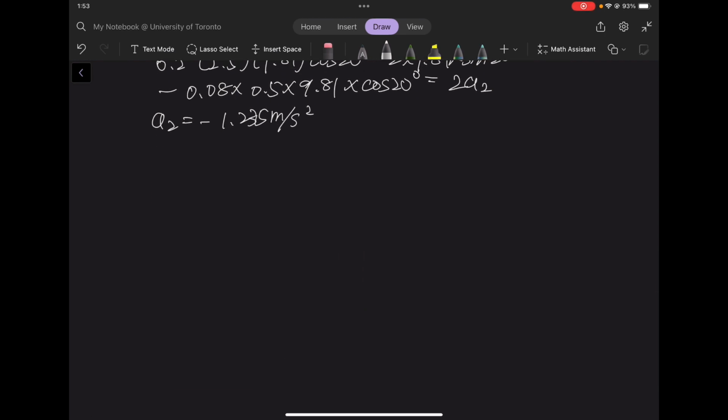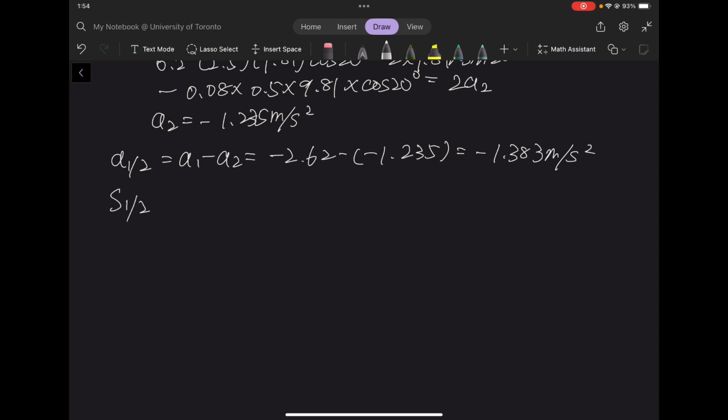So the acceleration of mass 1 relative to 2 is equal to A1 minus A2, which is equal to negative 1.383 meter per second square.